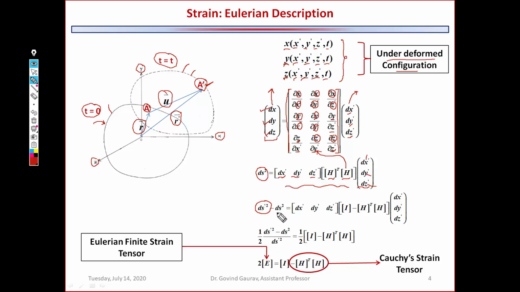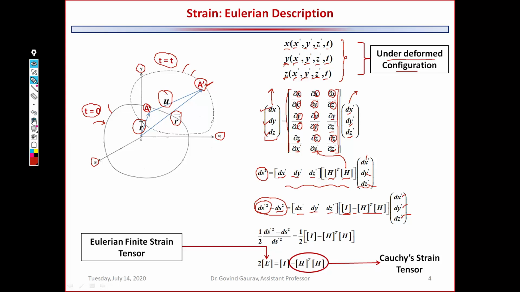And if we subtract ds square, we will get the identity matrix over here. So we will get ds dash whole square minus ds square is equal to dx dy dz multiplied by the identity matrix minus H transpose H multiplied by dx prime, dy prime and dz prime.